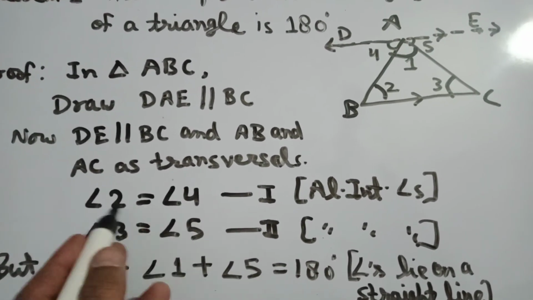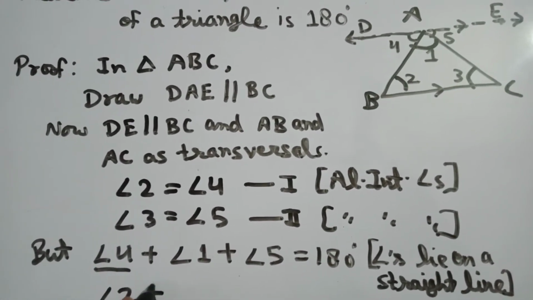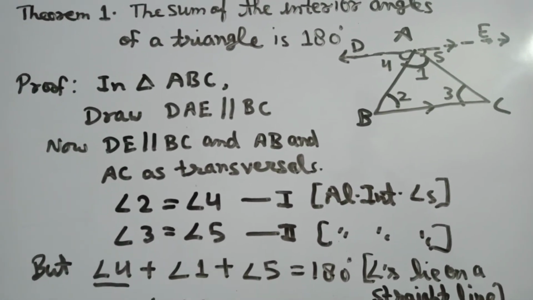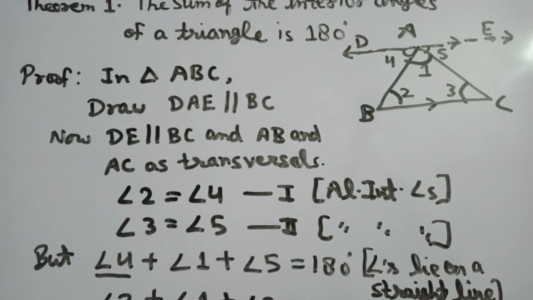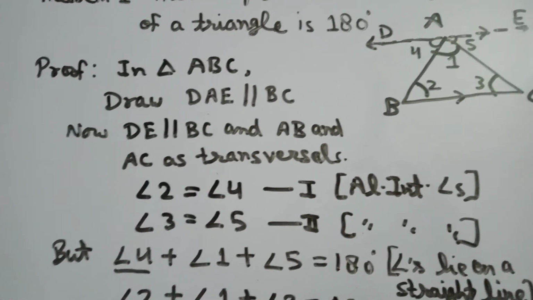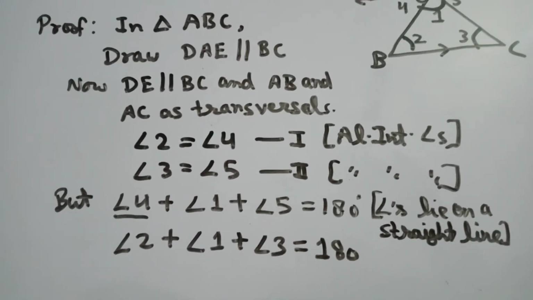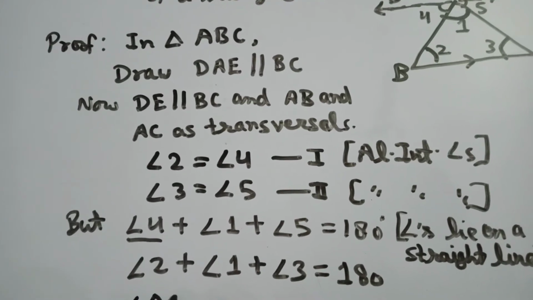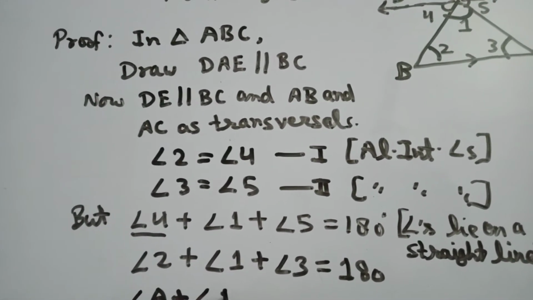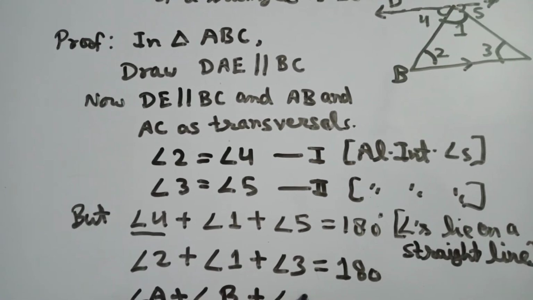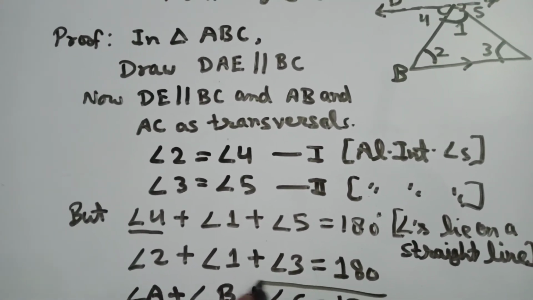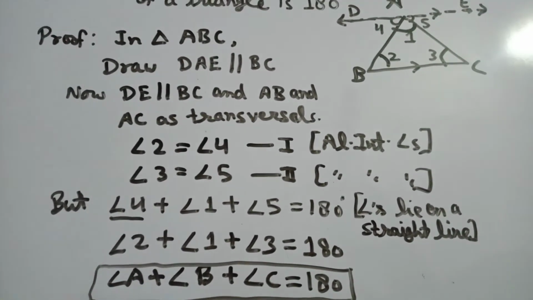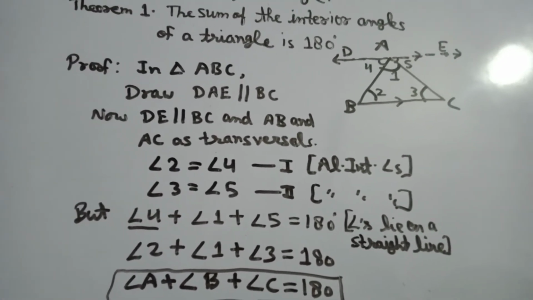Substitute angle 4 by angle 2, angle 1 remains the same, and substitute angle 5 by angle 3: equals 180 degrees. So angle 1 is angle A according to the triangle, angle 2 is angle B, and angle 3 is angle C, equal to 180 degrees. Students, this is the proof that the sum of all interior angles is 180 degrees.